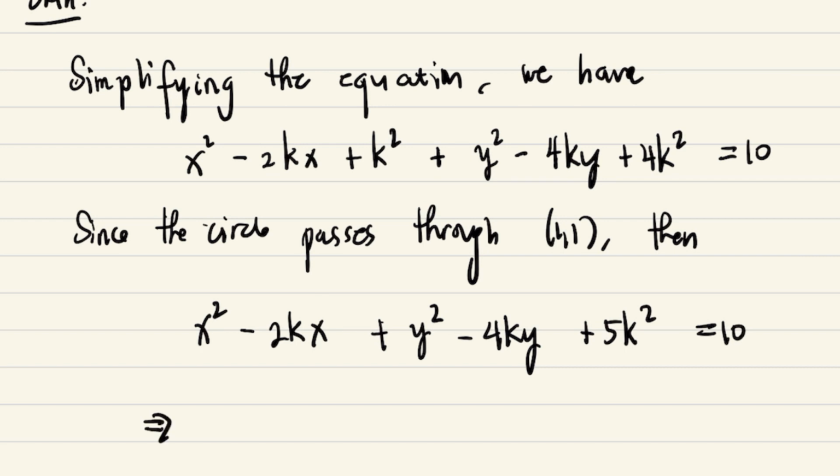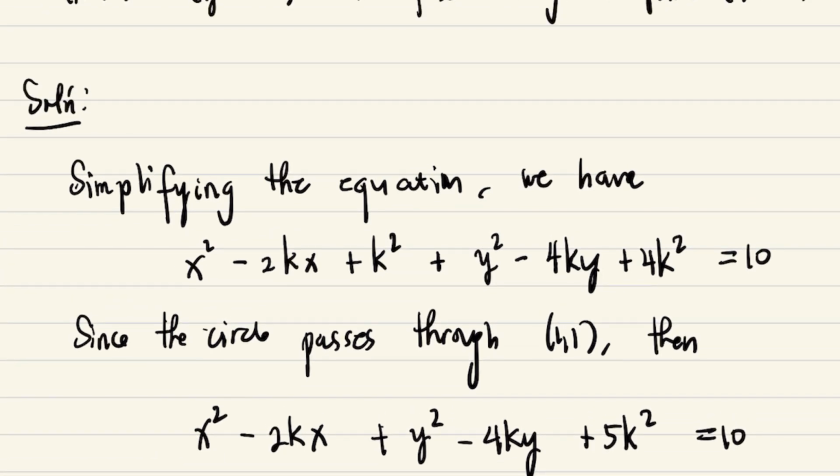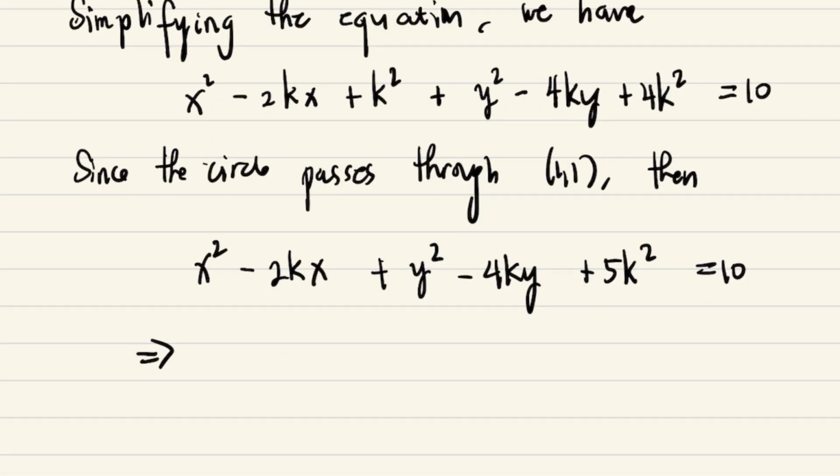And so my x here is 1 and my y here is 1, so this becomes 1 minus 2k plus 1 minus 4k plus 5k squared equals 10.